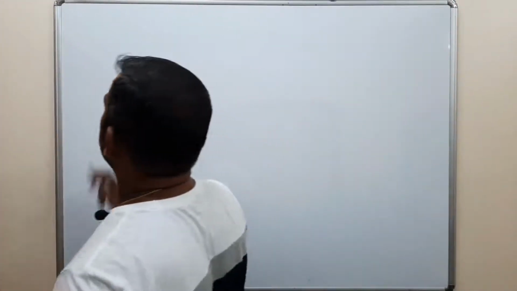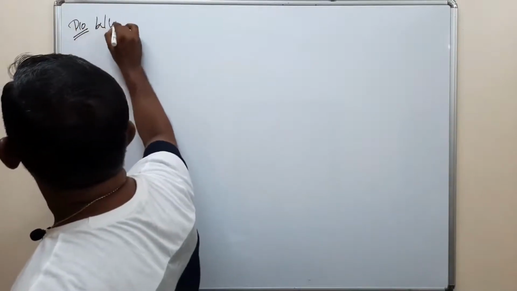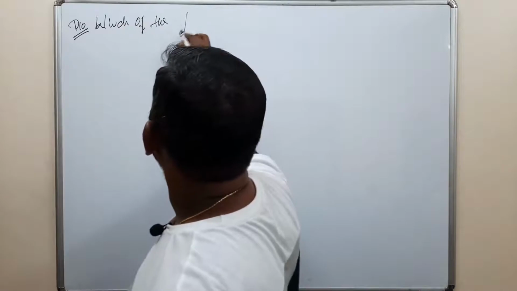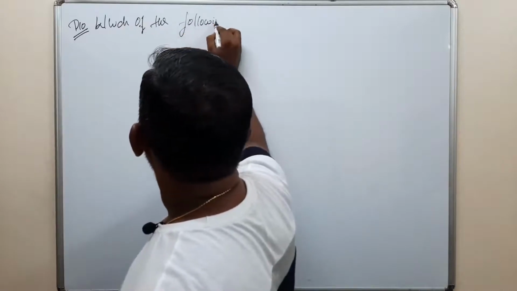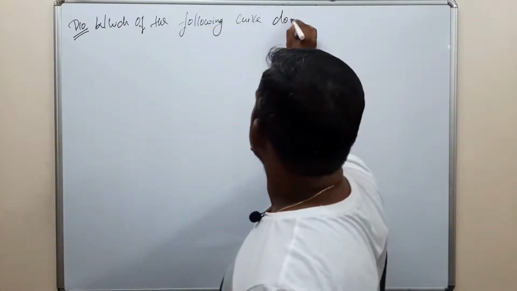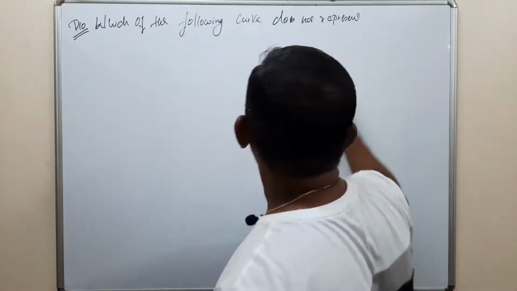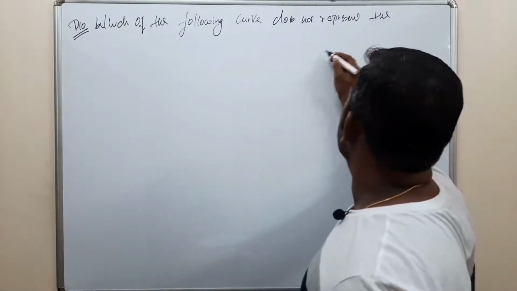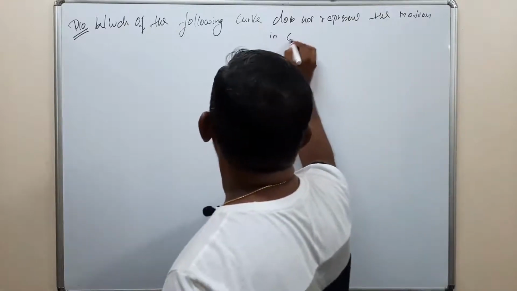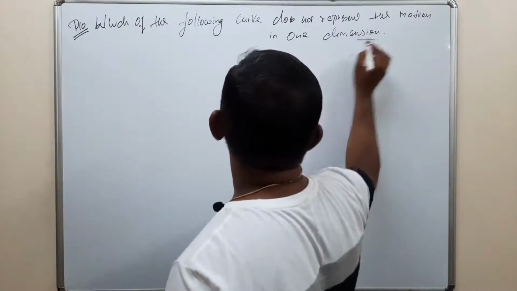So the next is the 10th problem. Which of the following curves does not represent the motion in one dimension? The motion in one dimension.